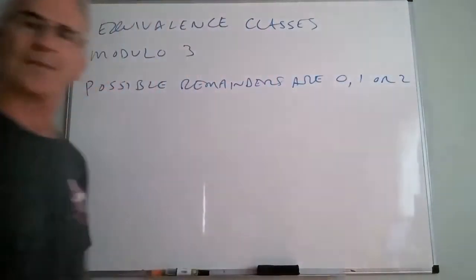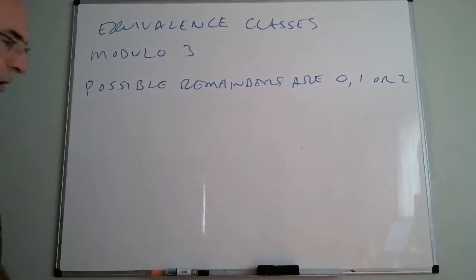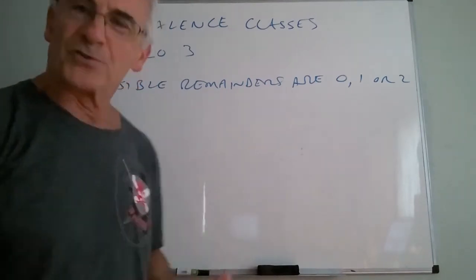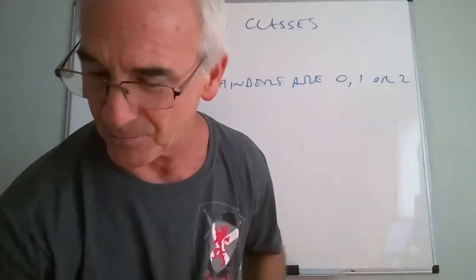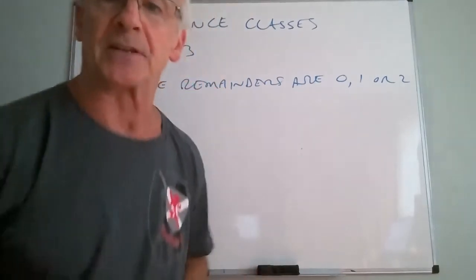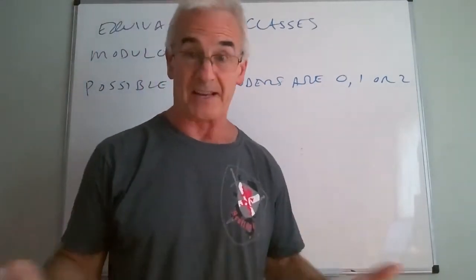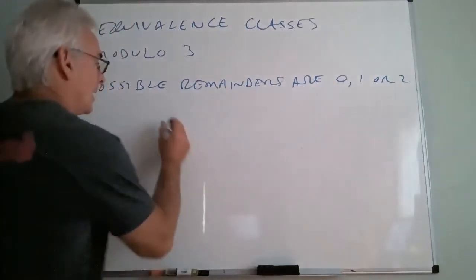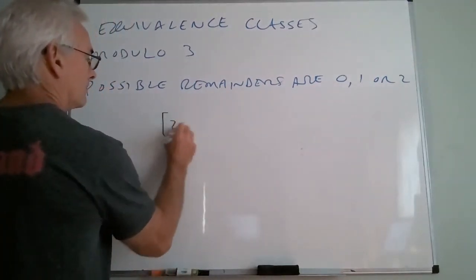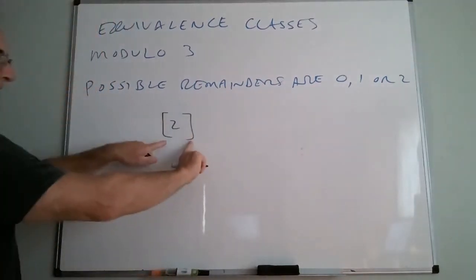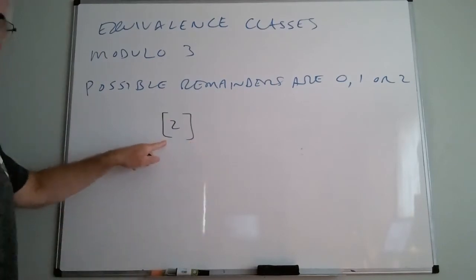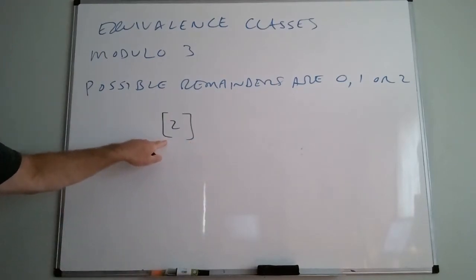I think we all agree with that. That's a fairly simple thing. So what numbers would be in the same class? Now, here's the crazy part. It's the way we represent it. So if I said, for example, and we write a rectangular bracket, this is in a particular equivalence class.